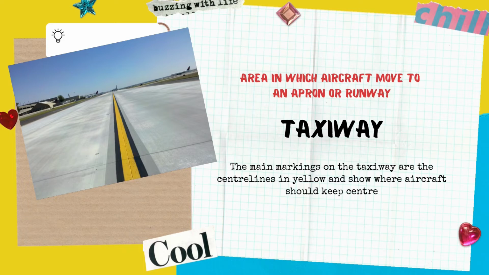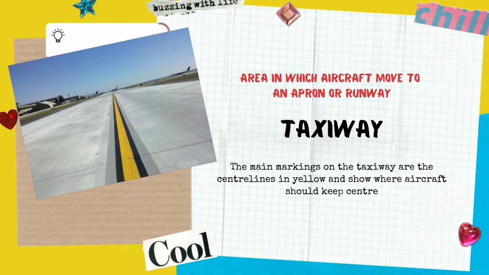Busy airports typically construct high-speed or rapid exit taxiways to allow aircraft to leave the runway at higher speeds. This allows the aircraft to vacate the runway quicker. Taxiways have a normal yellow centerline.